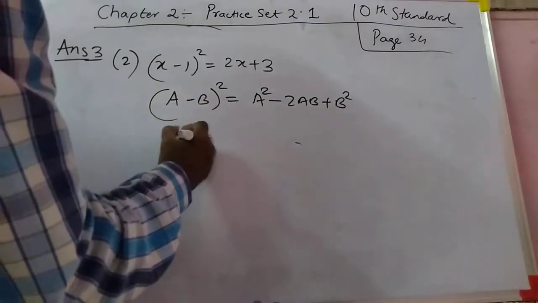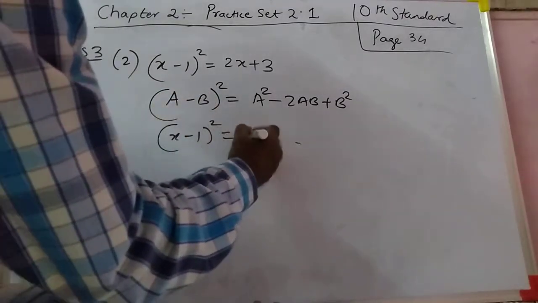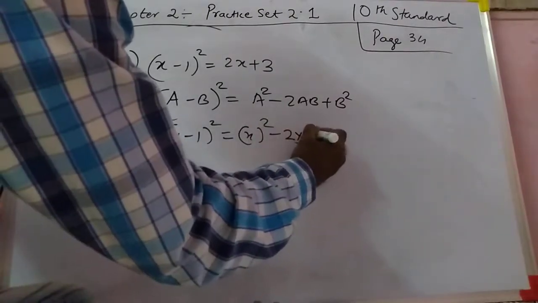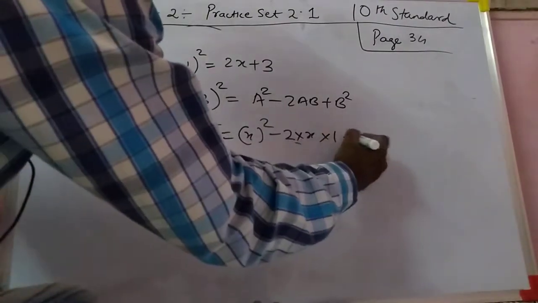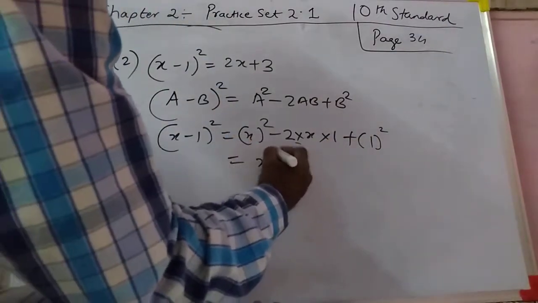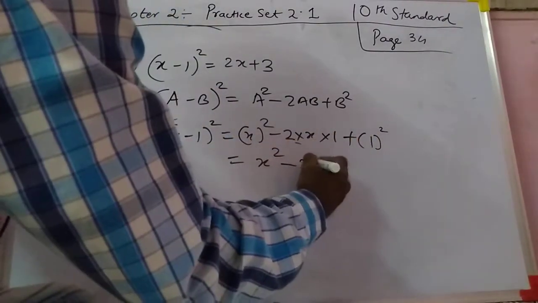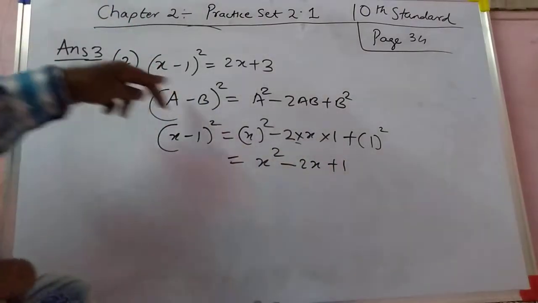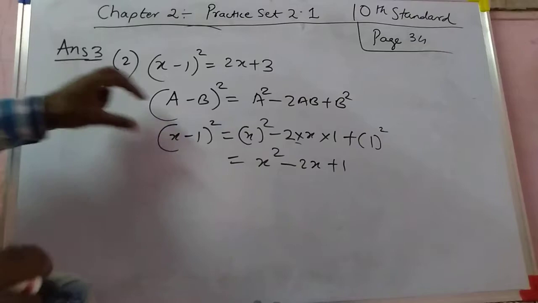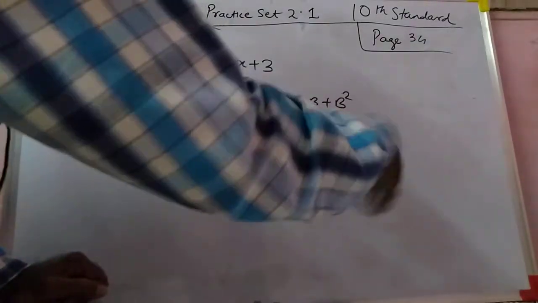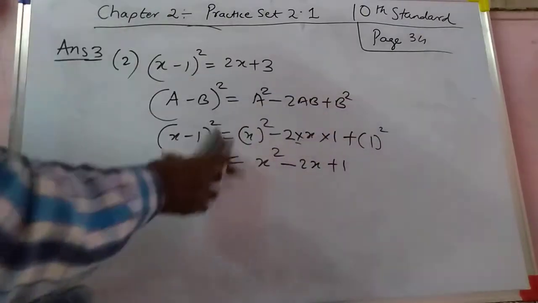Therefore x minus 1 the whole square will become x square minus 2 into x into 1 plus 1 square. So it will become x square minus 2x plus 1. So that is the answer you have to write it here. Okay. So this part जो है you can write in rough. रough में लिख सकते हो तुम.